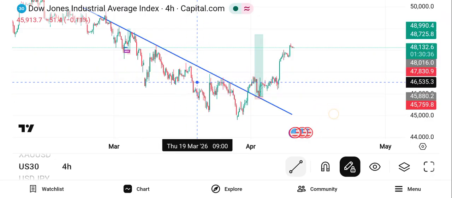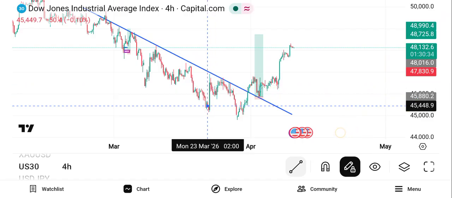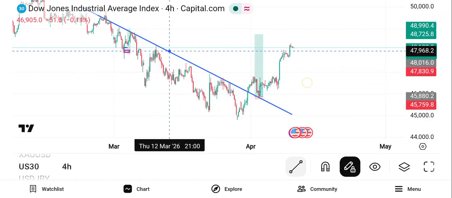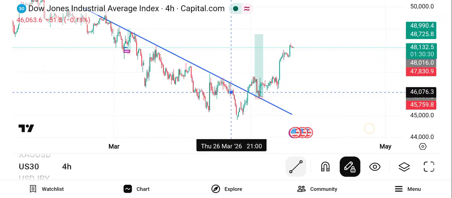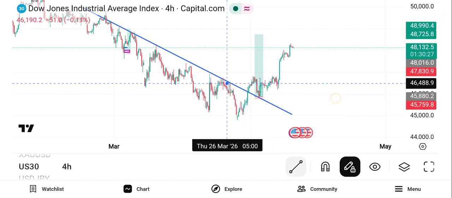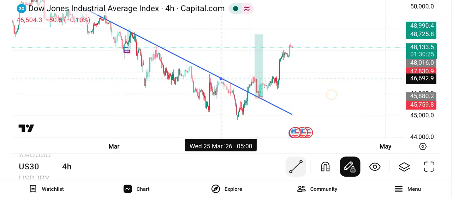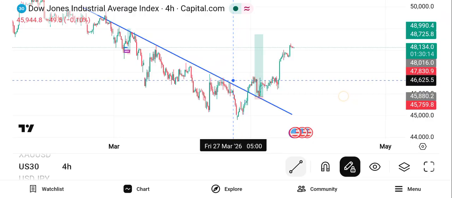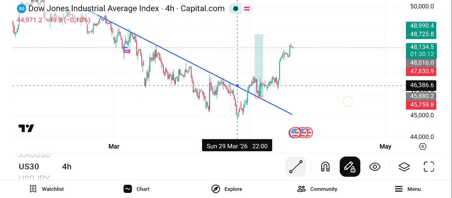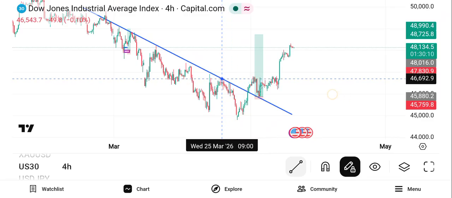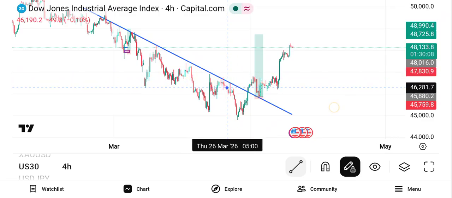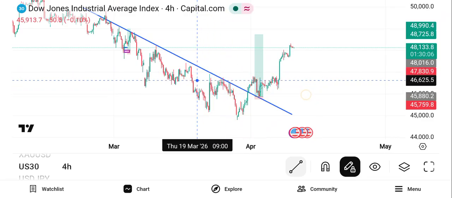Like for example, market was trending lower low, lower high, and then it takes out this last lower high. You see market break above this level, and when market breaks above this level, it simply means market is about to change direction to the opposite direction.